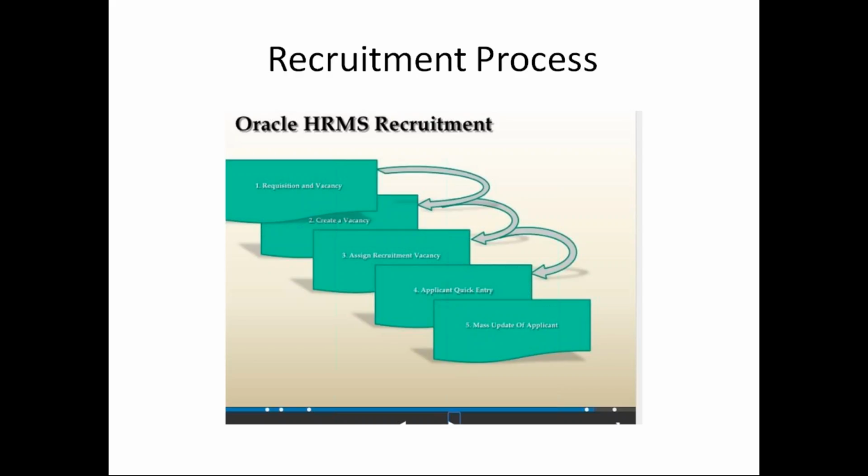The recruitment process starts with an advertisement, or maybe they contact external suppliers or third-party vendors, or the portals. That is the first point, the requisition and vacancy. We should first find where the vacancy is, in which department.